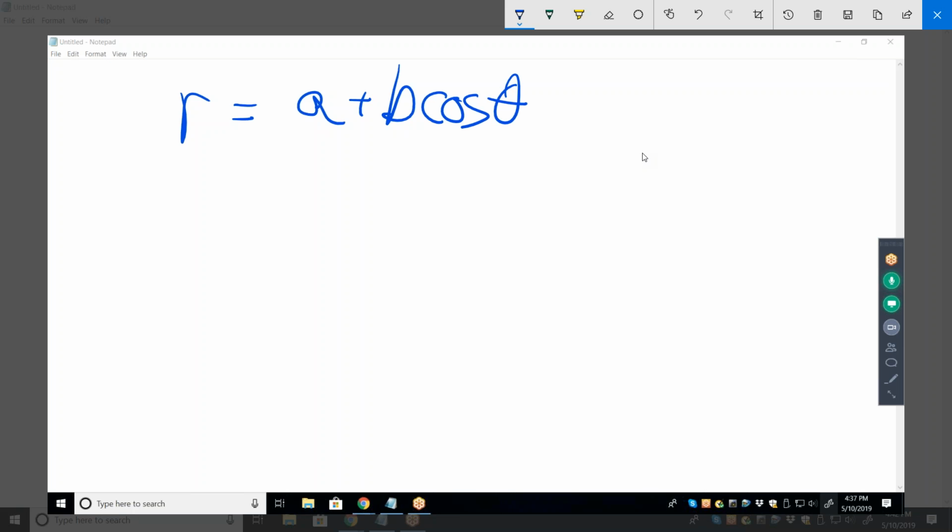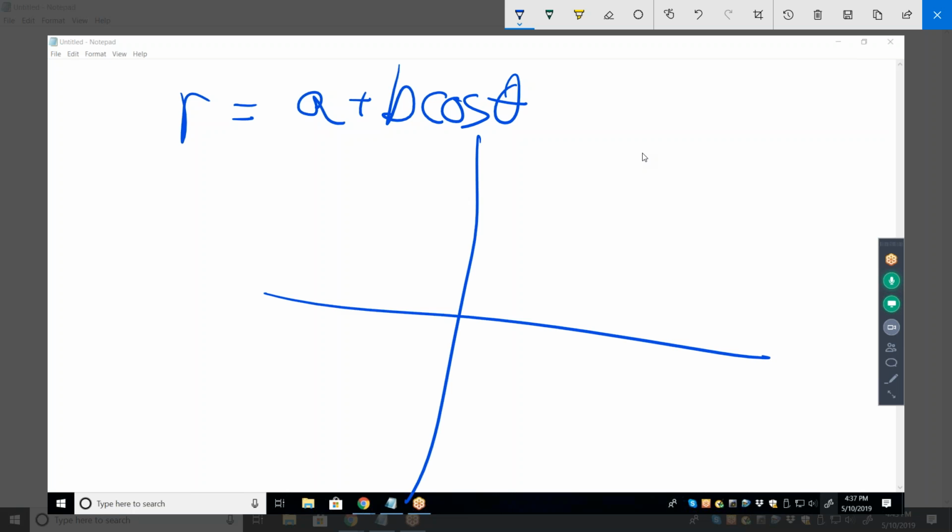A limacon is like a cardioid. Oh no, a limacon has a loop. So a limacon looks like this. It's like a cardioid, only a cardioid doesn't cross back over itself, whereas a limacon does.